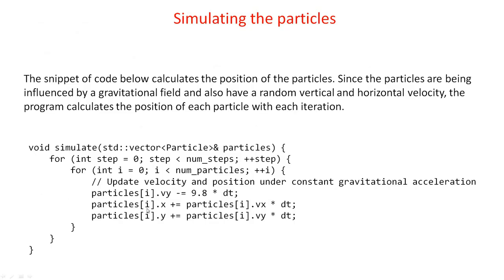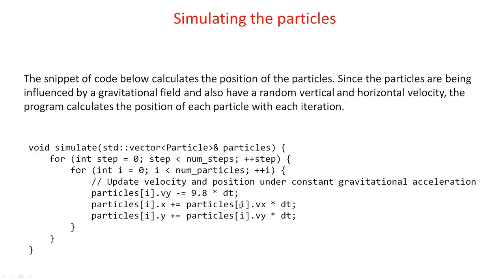This is the simulation function. Here we'll be calculating the velocities of the particles in the gravitational field, and then using those velocities we can calculate the actual positions of the particles with respect to their initial starting positions. First we update the vertical velocity under gravitation, because if the particle is moving upwards, then the velocity will decrease due to gravitation.